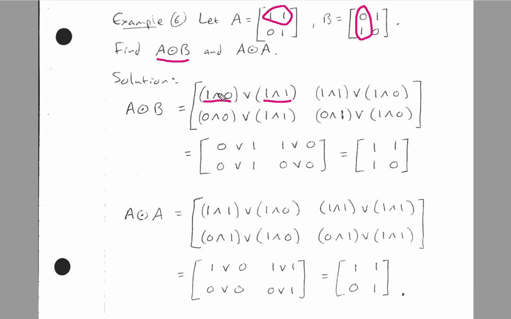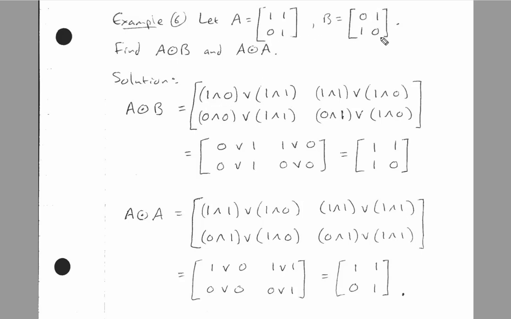All right, so for matrix multiplication, this would be a multiplication. This would be a multiplication. This would be a plus addition. But for the Boolean product, for this logical version of multiplication, we have ands and ors.